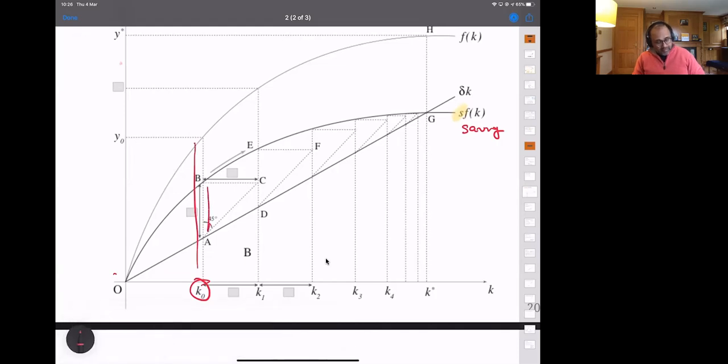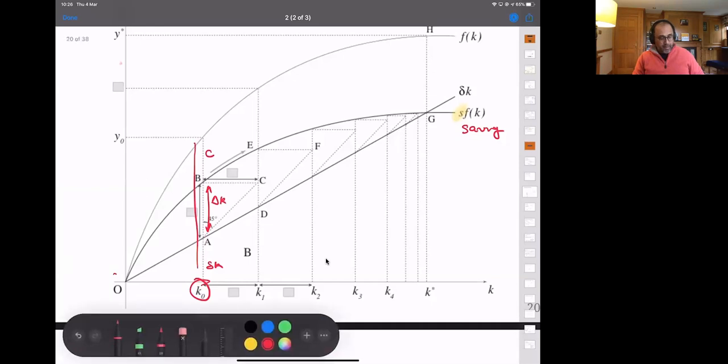This is the addition of capital stock: output minus consumption minus depreciation, delta K. So this is the additional capital stock, this distance here.